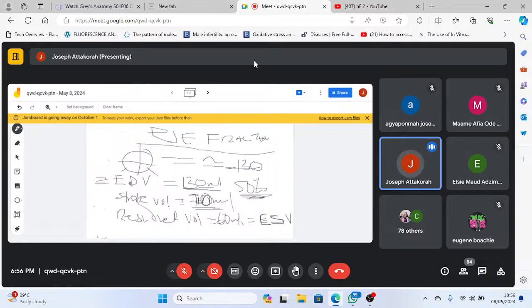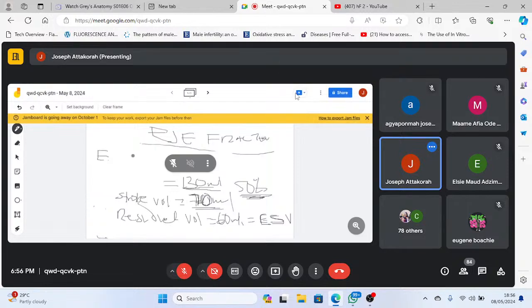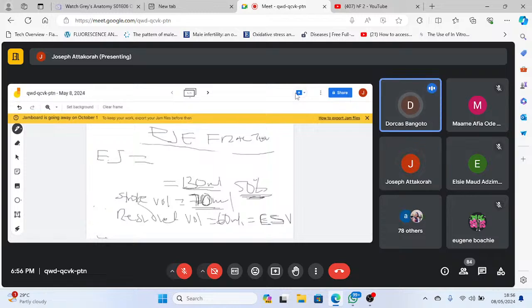So now, what is ejection fraction? Who can tell me the ejection fraction? Sir, is it the fraction of the stroke volume expressed in percentage? Yes, it's the fraction of stroke volume expressed in percentage.